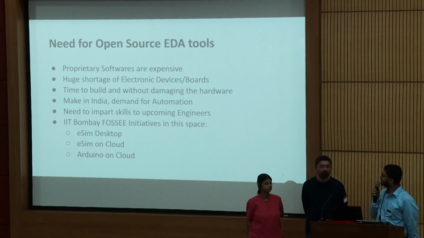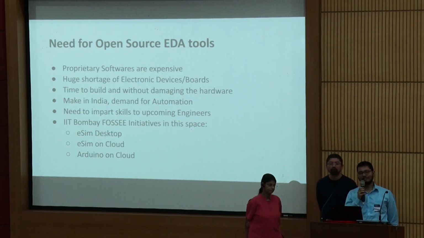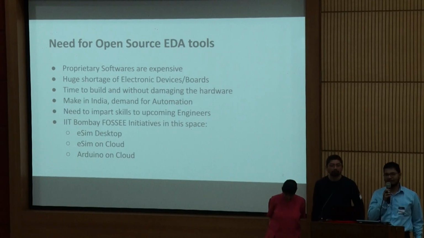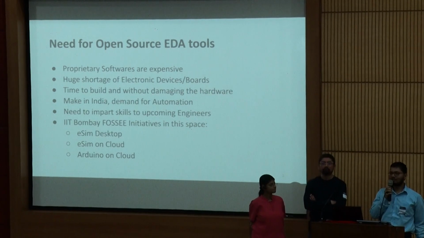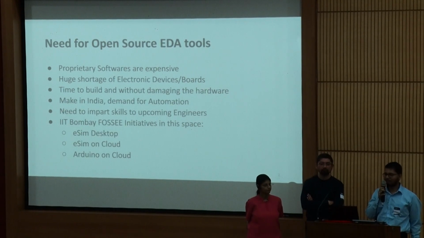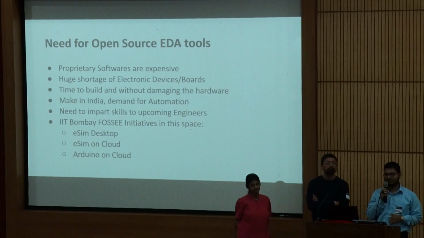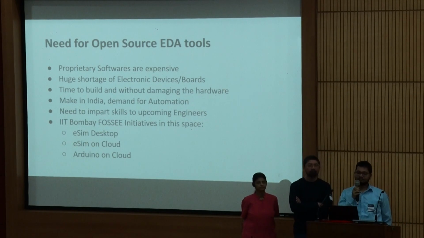As we can see in the first point on the slide, the proprietary softwares are very expensive. We already have proprietary softwares, but it costs lakhs of rupees or dollars to buy them, and also these softwares are not all the time perfect.